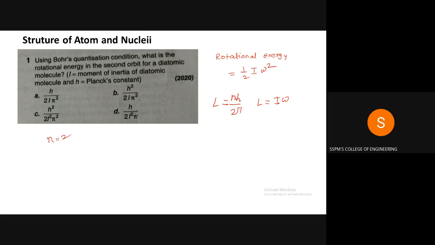We have I omega square. Okay. n equals 2. L equals I omega, first expression. L equals nh upon 2 pi.